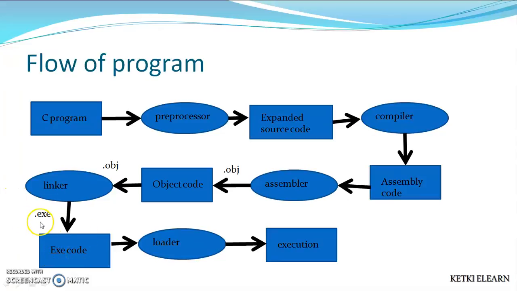This executable code is given to the loader. The loader takes that executable code, stores it into the memory and prepares it for execution. This is the normal flow of a program, how our program goes through all the steps.